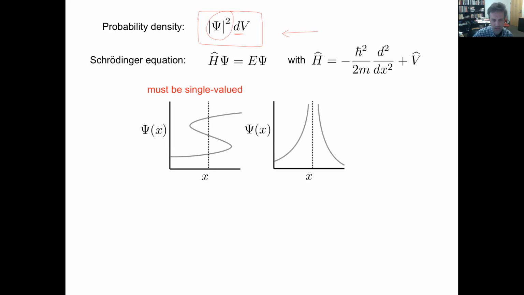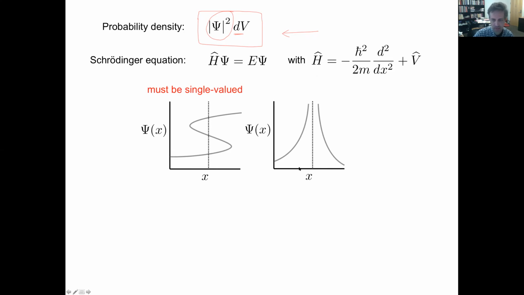Another condition is this: if you have a situation where the wave function goes to infinity over a certain finite domain, as you see over here, so for x, let's say, this wave function is approaching infinity, that is unphysical, because that means that the probability, which means integrating over this area, is going to fly to infinity as well.